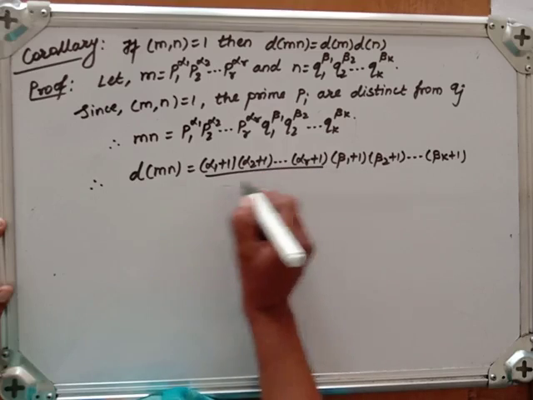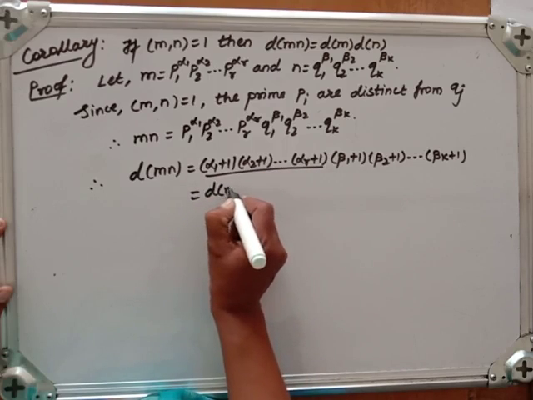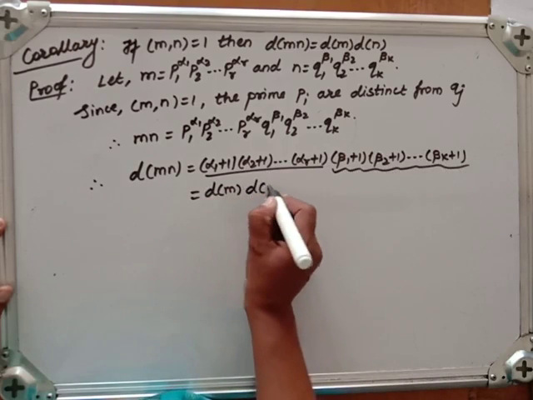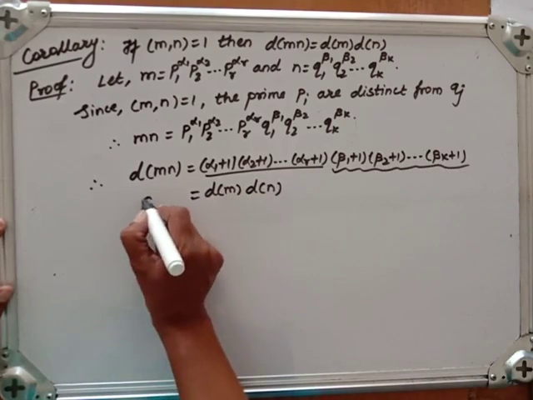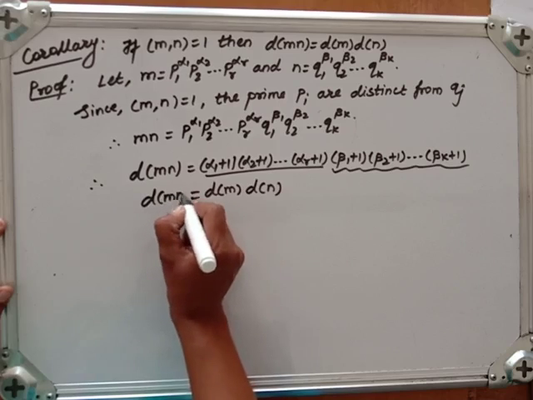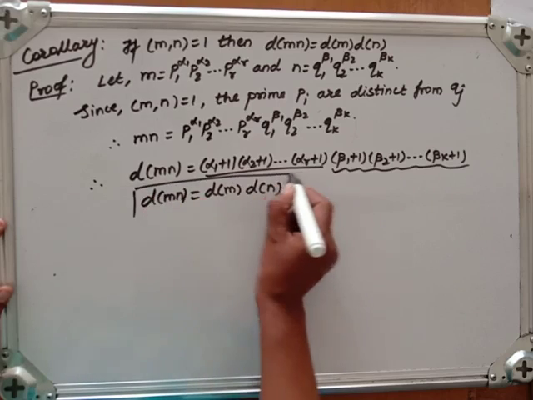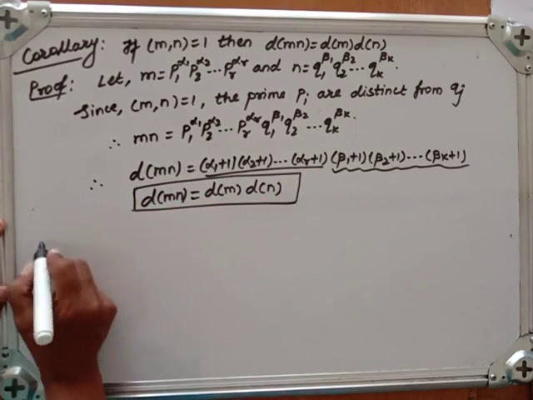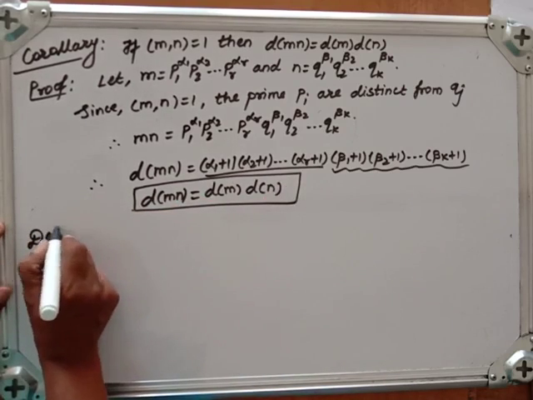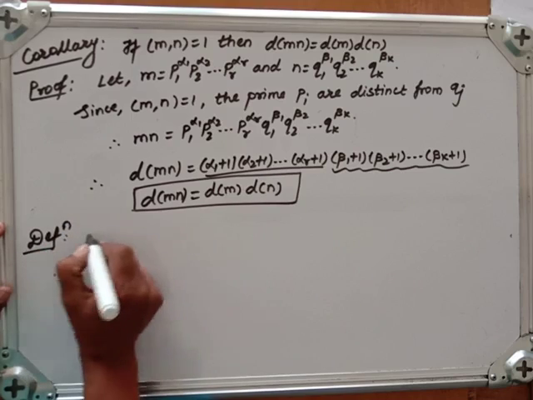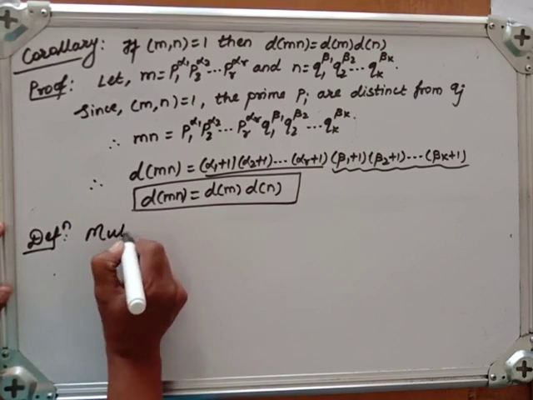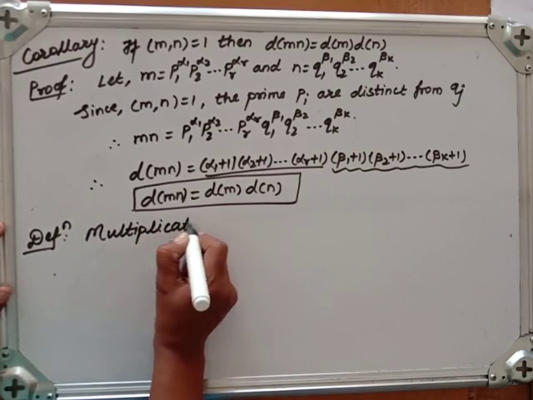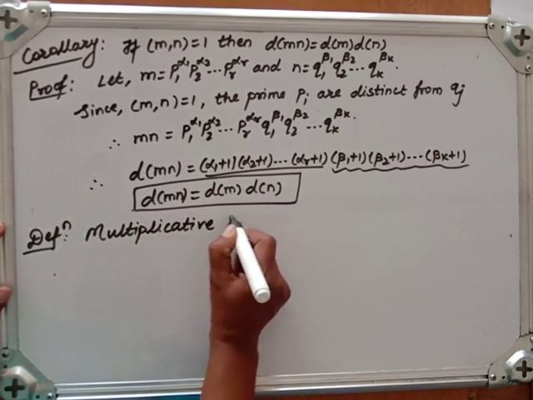So this is nothing but d of m, and this remaining part is nothing but d of n. So we get d of mn is equal to d of m into d of n. Now from this, let's see one definition. That definition is of multiplicative function.